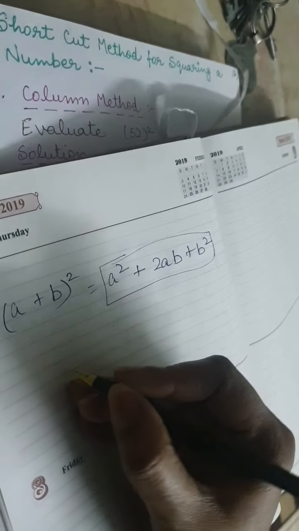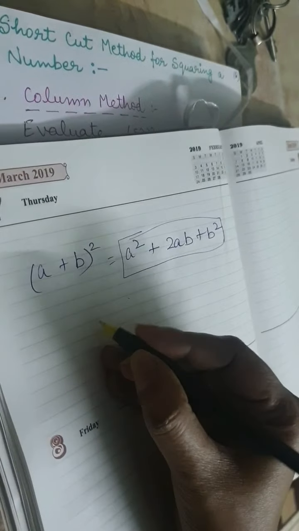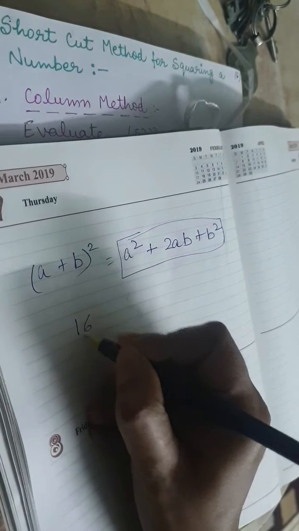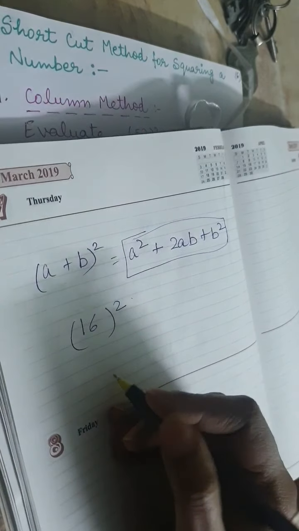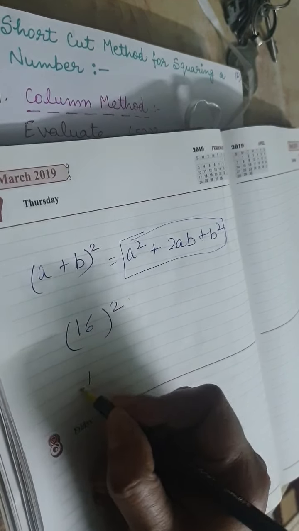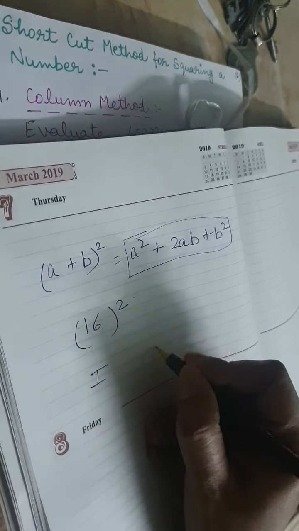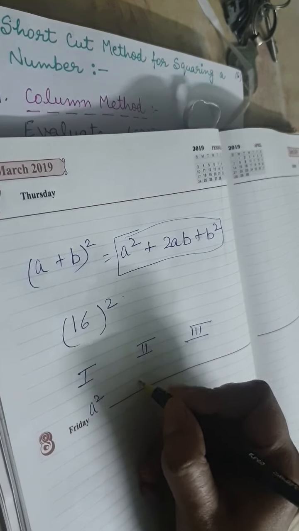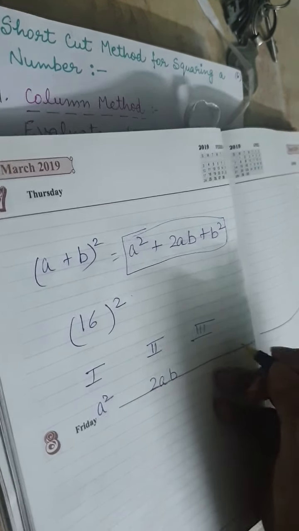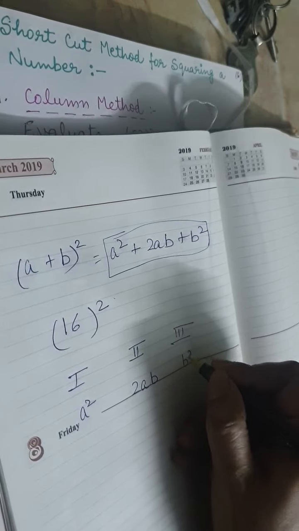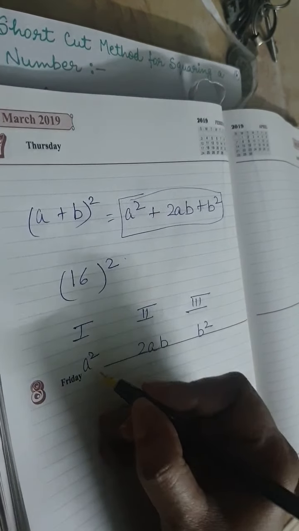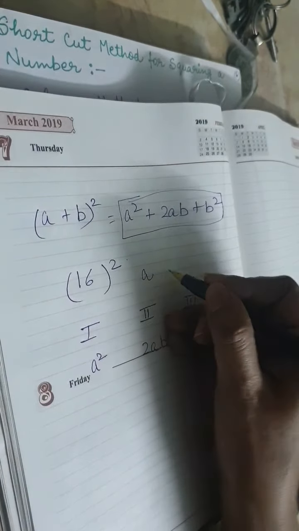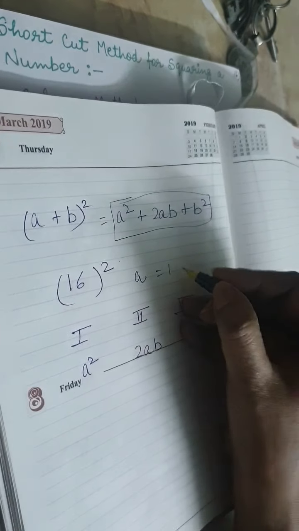For example, just take a single example: we have to find out 16 square. Fine. What is the method? First, second and third: A square, 2AB and B square. So what is the value of A? The value of A is 1.